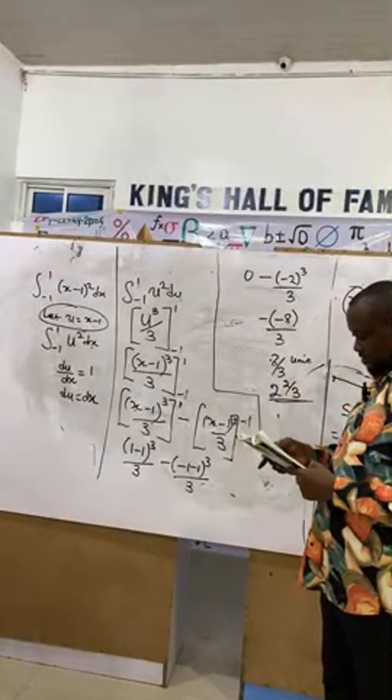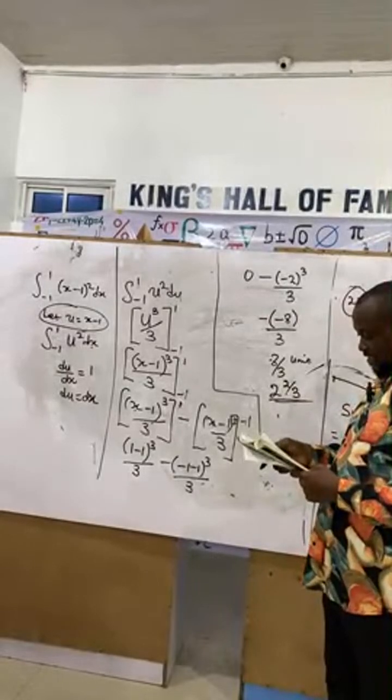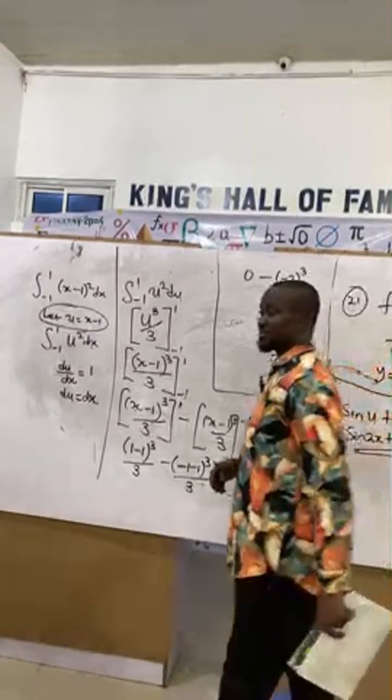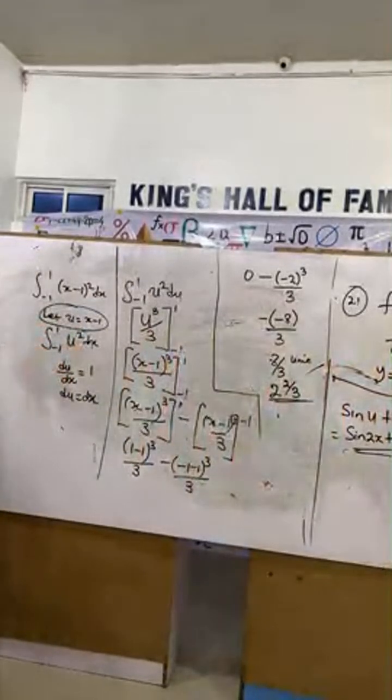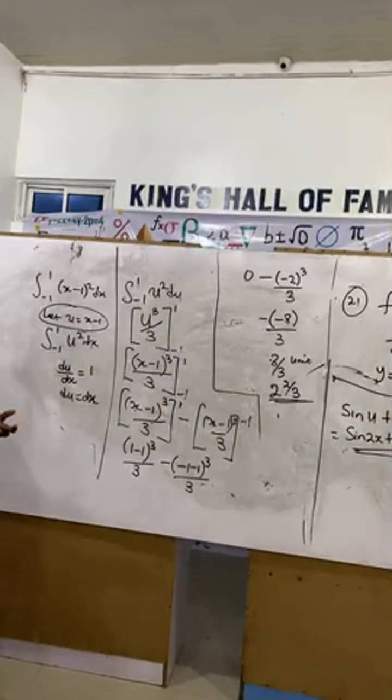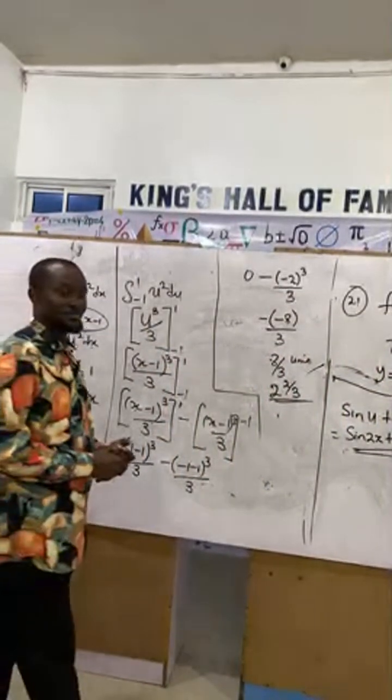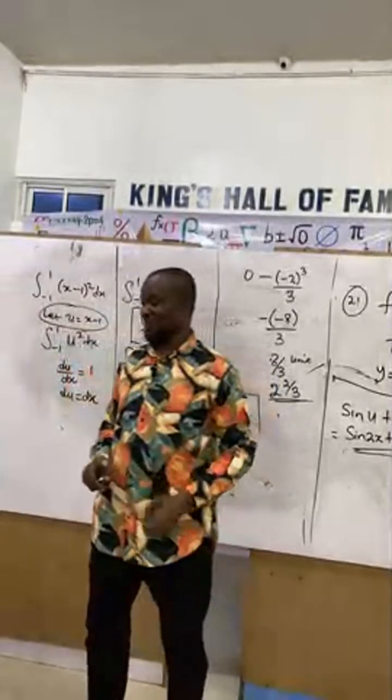Let's check. That's question number 2b. 2 whole number, 2 over 3. If you don't want to go like this, you can expand and integrate. So that's the same answer. That's what I want for this week.